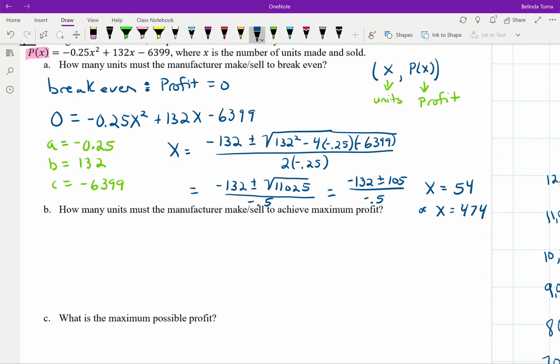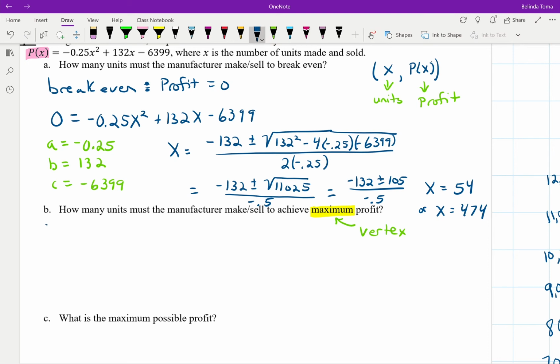How many units then must the manufacturer make or sell to achieve maximum profit? Well, remember, if we see a word like maximum or minimum, we want to think vertex. So we want to go back to the idea that if we're getting the number of units, that is our x-coordinate of the vertex. Well, how do we find the x-coordinate of the vertex?